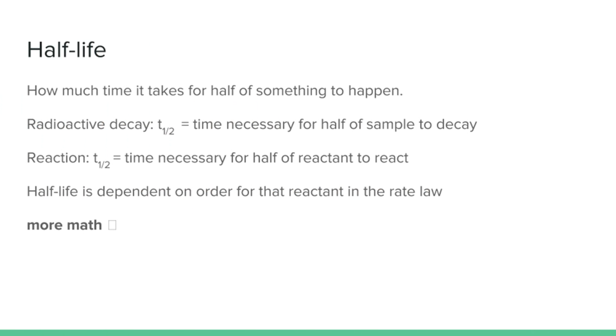Now, the half-life of a reaction, half-life of anything, is how long it takes for half of the original quantity of substance to disappear. So you can measure half-lives for different things. So radioactive decay will have a half-life.